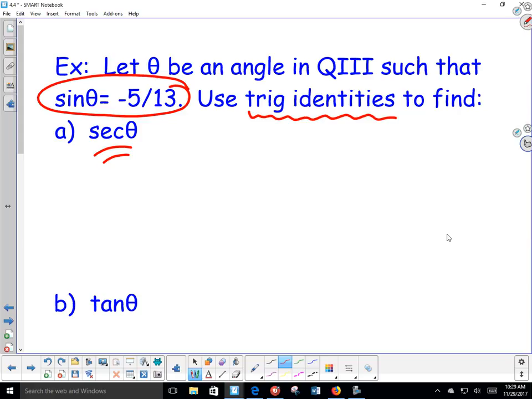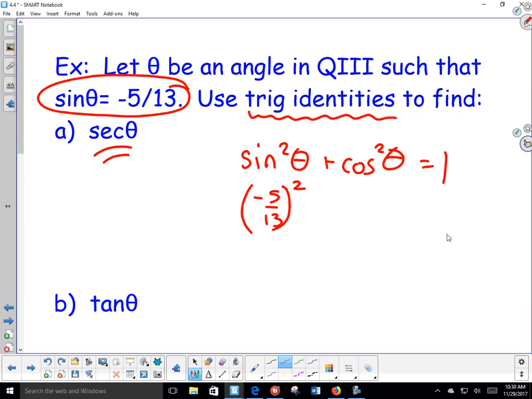No other trig function. Rachel? Sine squared theta plus cosine squared theta equals 1. All right, so we want to use sine squared theta plus cosine squared theta equals 1. We're going to try and find cosine first, so we're going to plug in -5/13 for sine, and we have to square it, and then we want to say plus cosine squared equals 1.